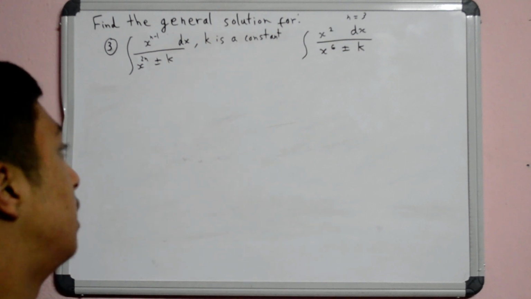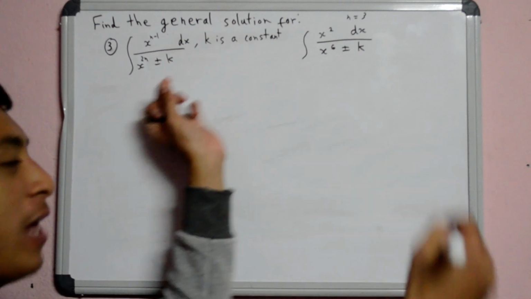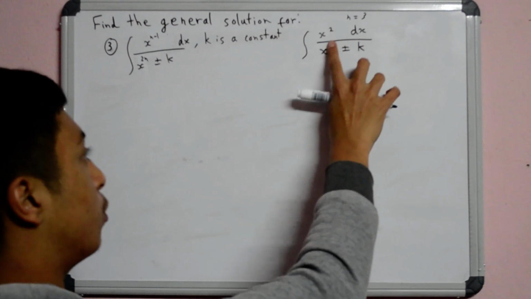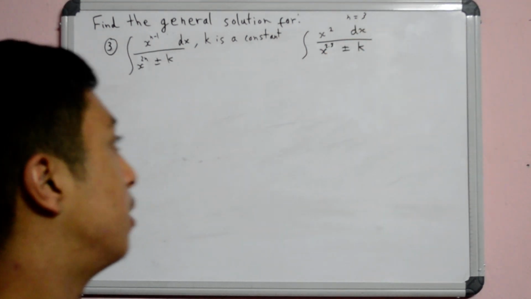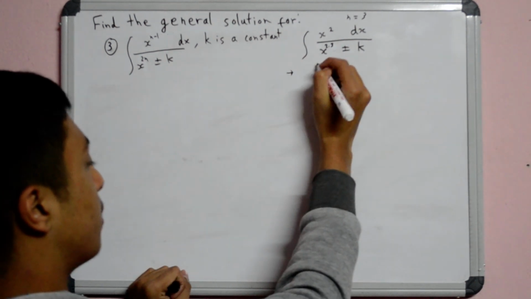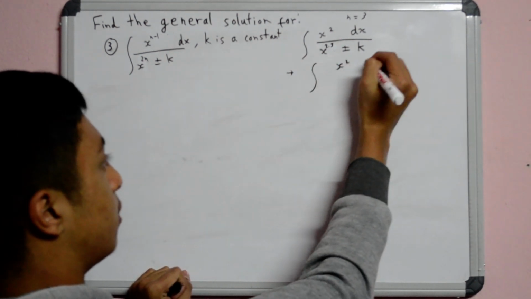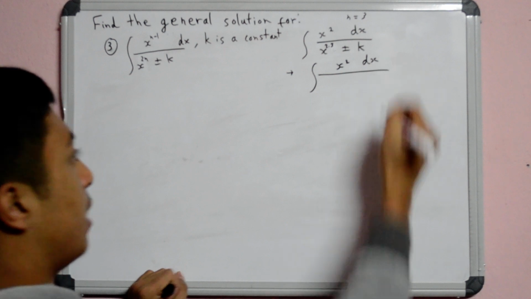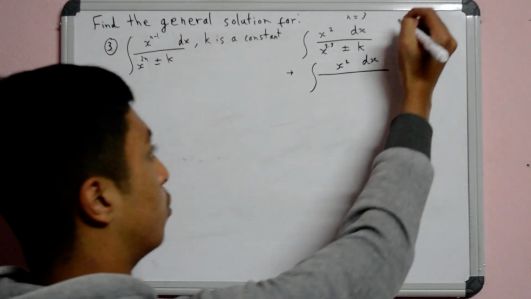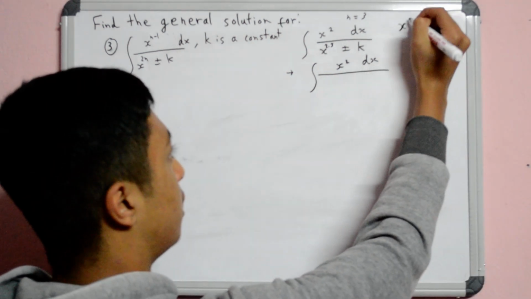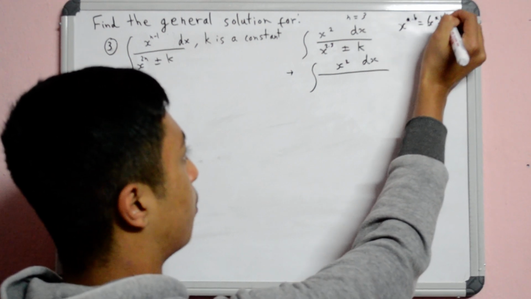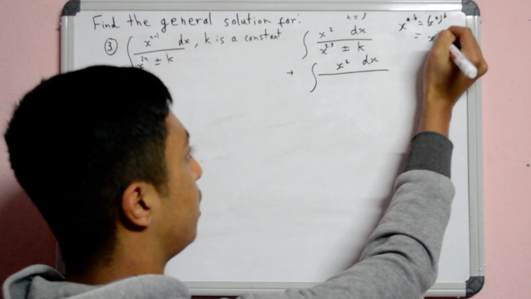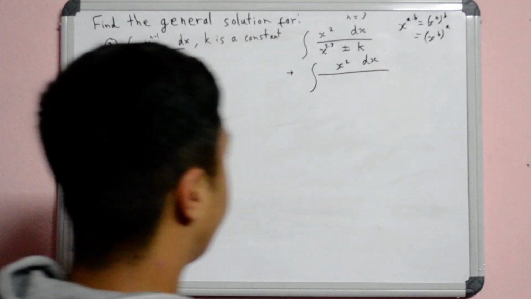Here, in fact, it will actually be better if you wrote 2 into 3, which is obviously 6, but I'll show you why. Because the numerator will be the same, and you can use the indices law where x to the power a into b will be x to the power a whole to the power b, or x to the power b to the power a.